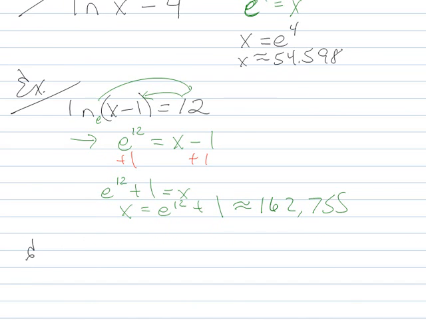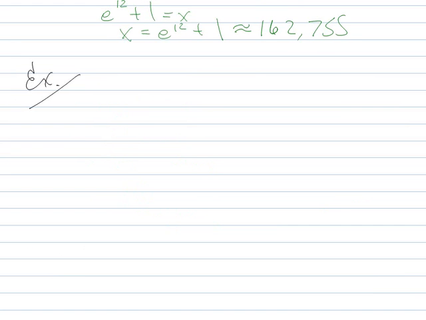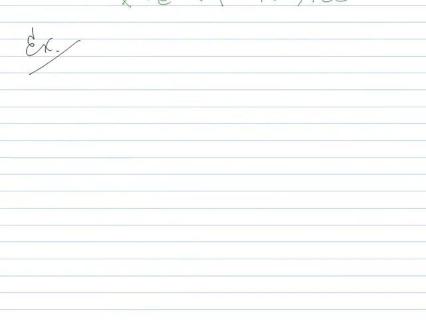Say you had a problem like e to the x equals 12. How do you solve for x? Well, you say, all right, I'm going to go from left to right. The first letter I see is e. Log base e of 12 is x.